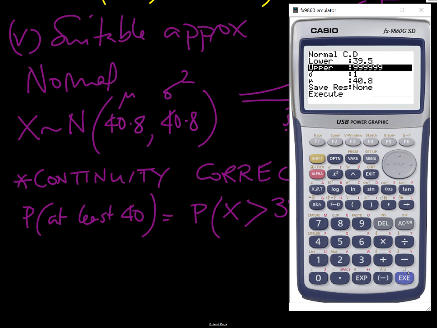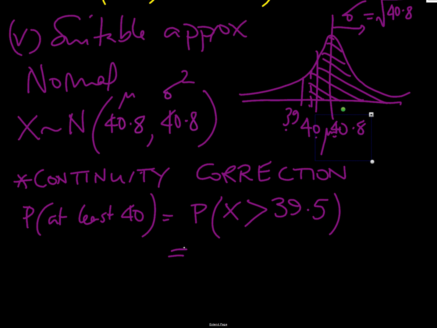Then the standard deviation is the square root of 40.8, and our mean is going to be 40.8 as well. Let's press the EXE button. And what do we get out of this? We've got a probability here of 0.5806.